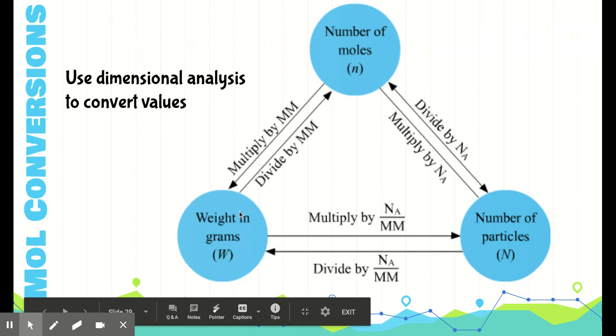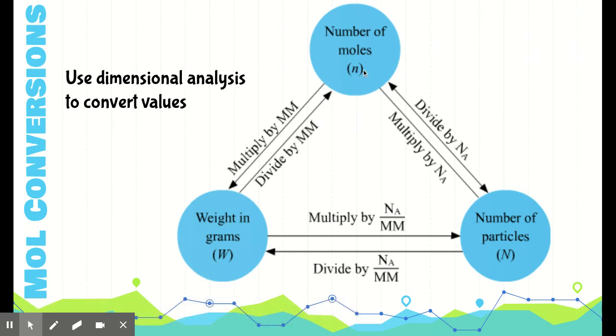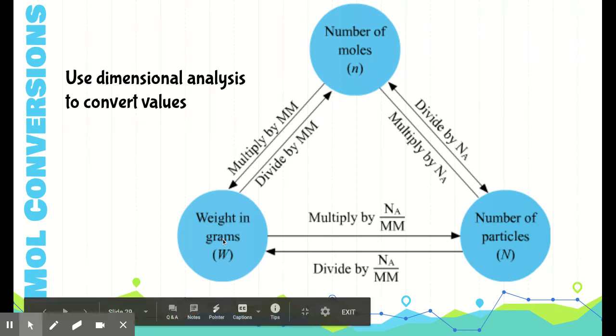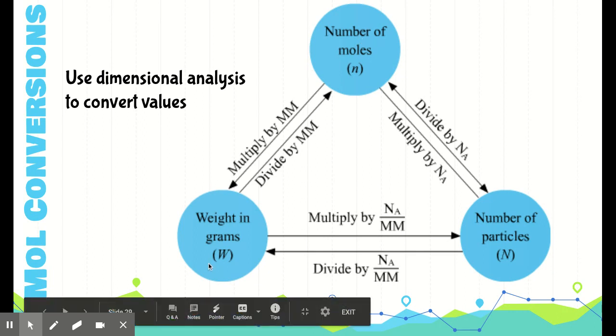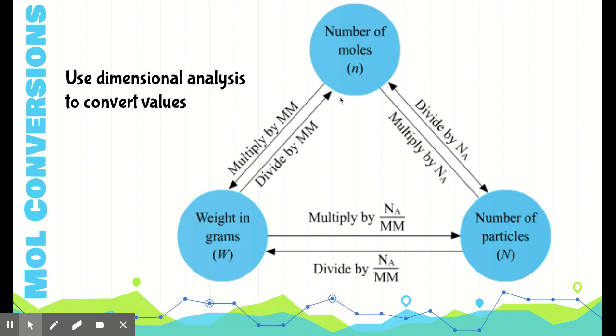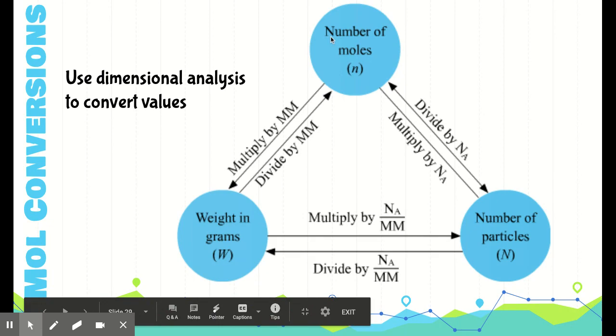If you're trying to convert the weight in grams into the number of moles, you would divide by the molar mass. If you have the number of moles and you're trying to find the mass, you would multiply by the molar mass, and so on.